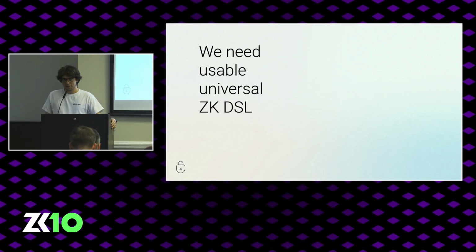We need these kind of usable ZK DSLs you can write the same way as you write a normal program. So obviously I'm kind of excluding everyone that doesn't know how to code, but still I'm including everyone who knows how to code but doesn't have the time to understand the math behind it.